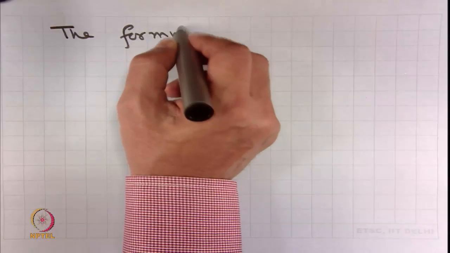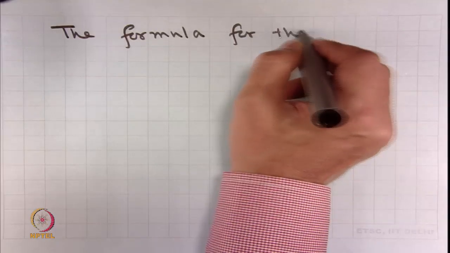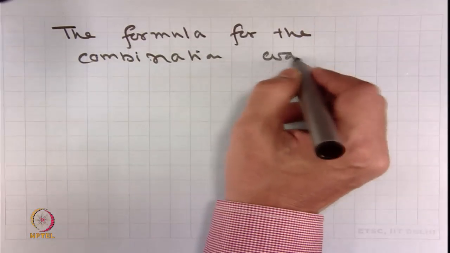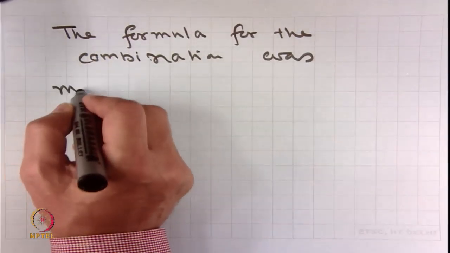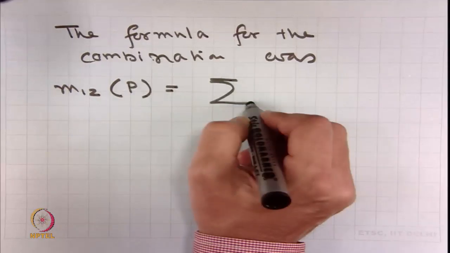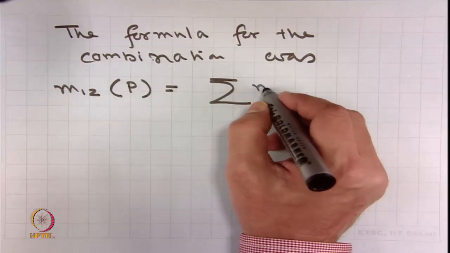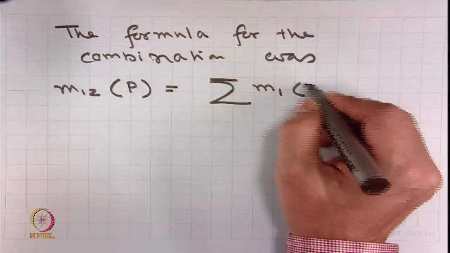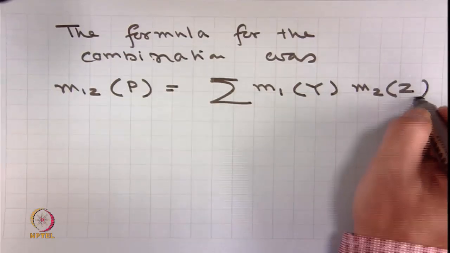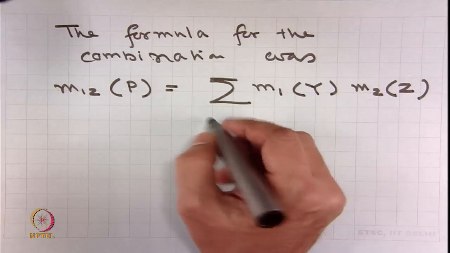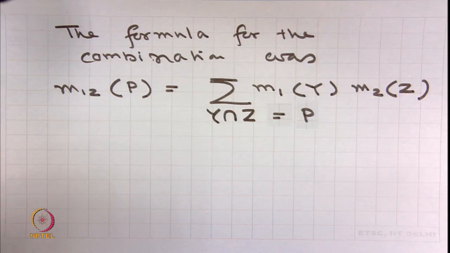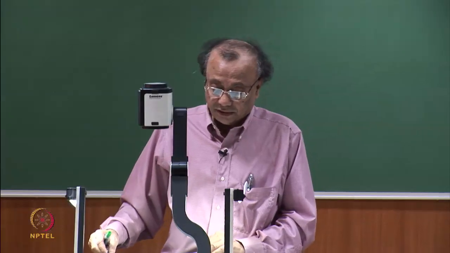The formula for the combination was M12 for a set P is equal to sigma over M1 of set Y and M2 of the set Z such that Y intersection Z is equal to P. Let us look at the values.